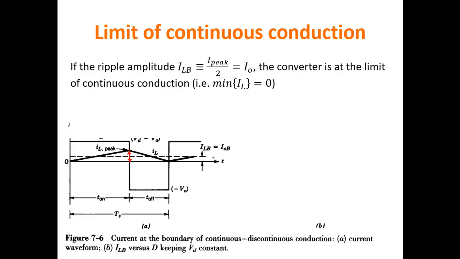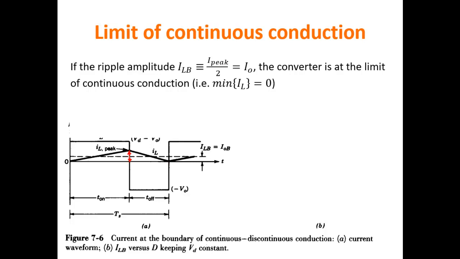It's half the peak-to-peak value of the current. When the average is equal to half the peak-to-peak value of the current, it means that the minimum value of the current is exactly 0. And this is something that we have already computed, because we already had this excursion.